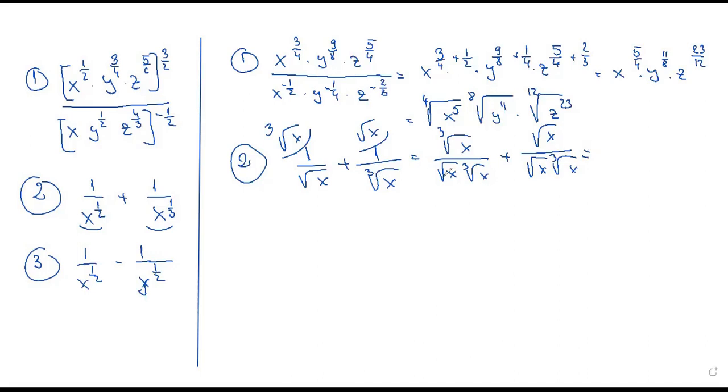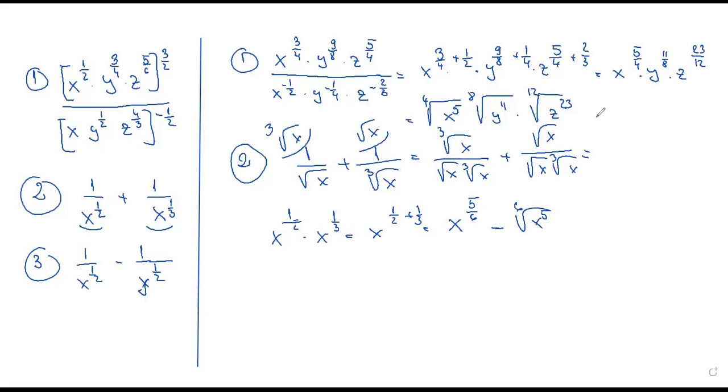Now, x to the power of 1/2 plus 1/3, what is that? x to the power of 1/2 times x to the power of 1/3 is x to the power of 1/2 plus 1/3, which is equal to 5/6. So it's the 6th root of x to the power of 5.